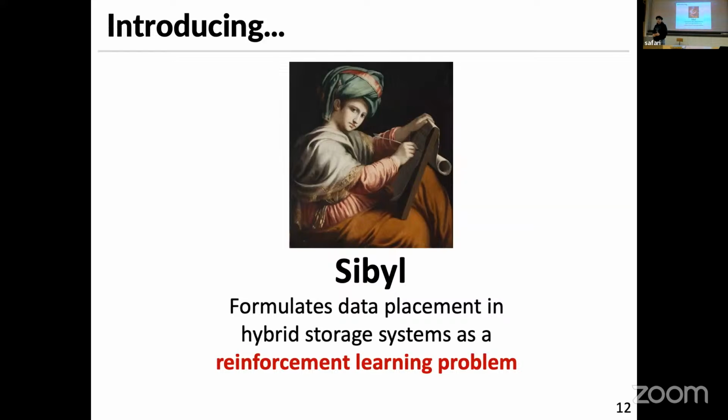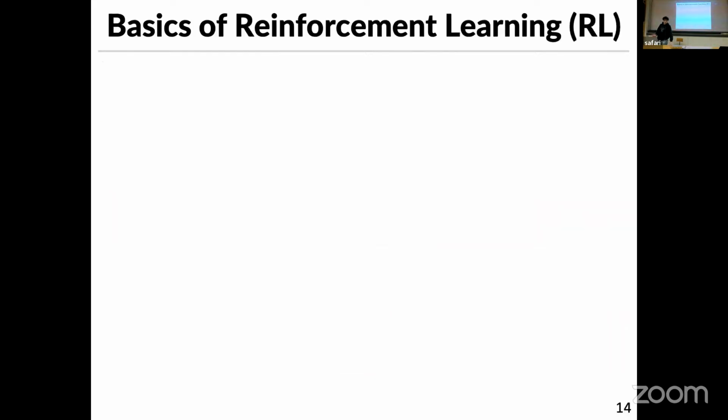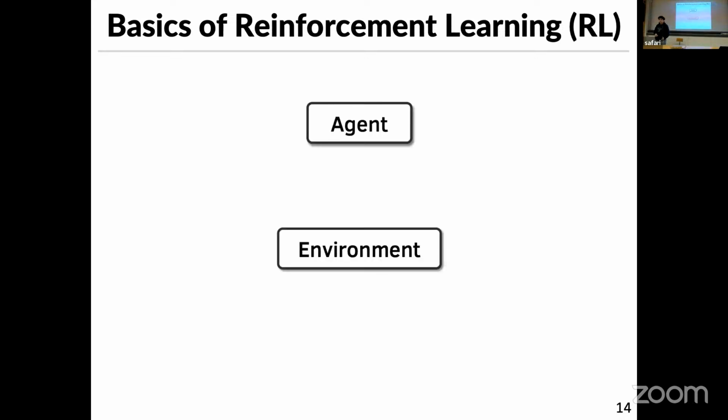Cibil formulates data placement in hybrid storage systems as a reinforcement learning problem. And we will see now what that really means. How do you formulate data placement using reinforcement learning? For that, first you need to know what exactly reinforcement learning is. It is a type of machine learning model in which you have an agent and an environment.